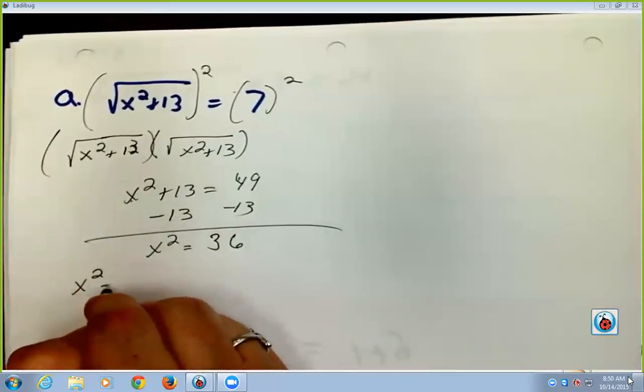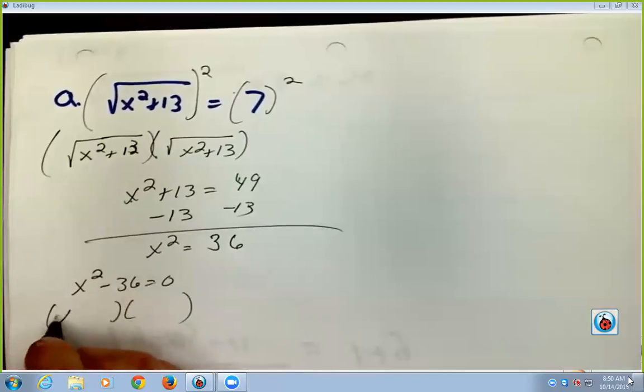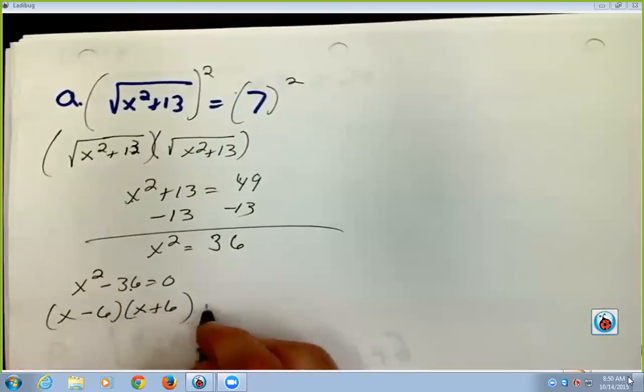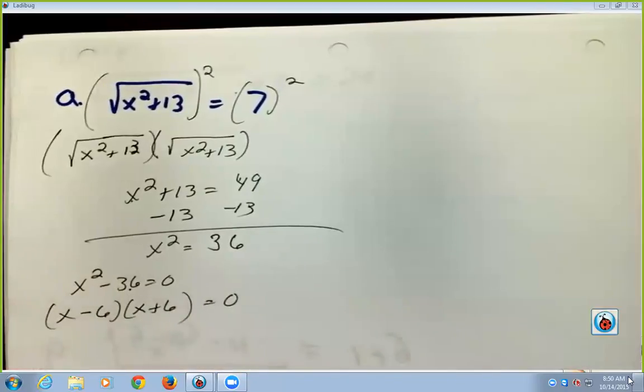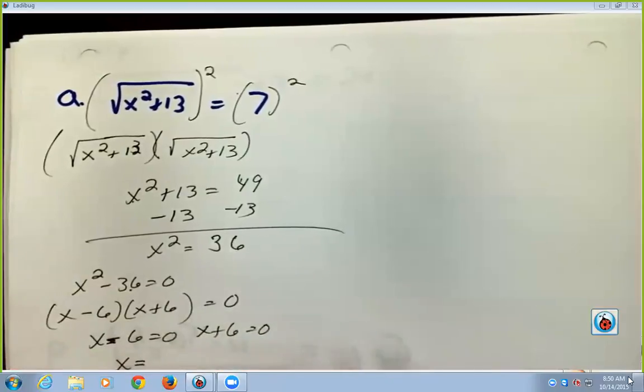So I can take x squared minus 36 is equal to 0. Factor it. Negative 36, I get a negative 6 and a plus 6, equals 0. So x minus 6 equals 0 and x plus 6 equals 0. So I find x is equal to 6 and x is equal to negative 6.